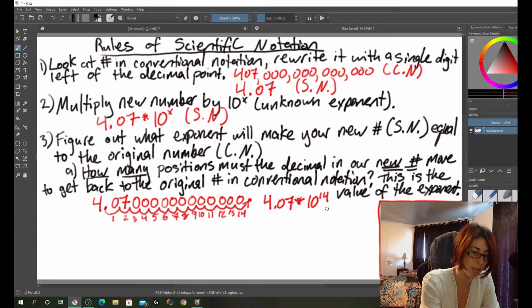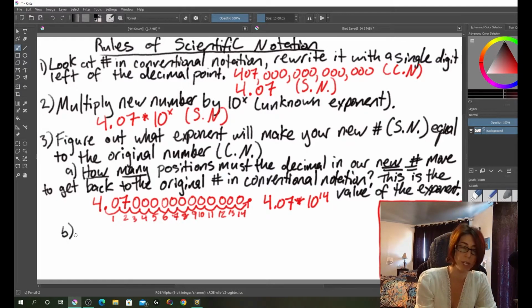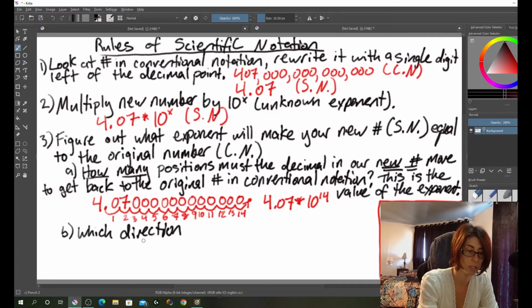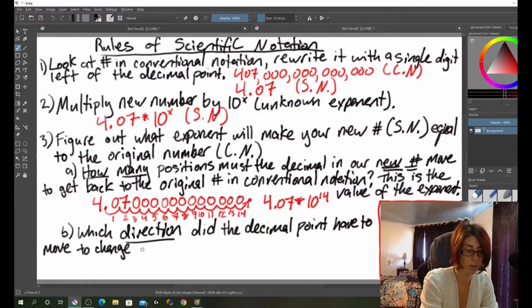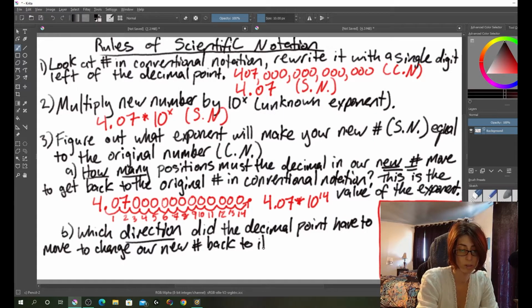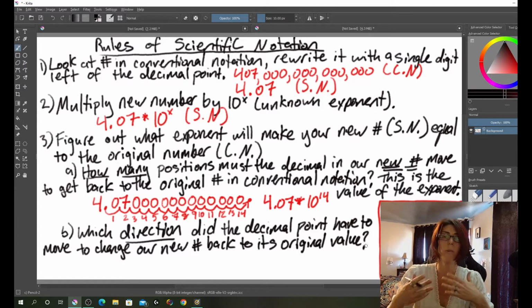Now there's one more thing that we have to check, and that is which direction did the decimal point have to move? We moved the decimal point to the right. That means the exponent is positive. But if we had to move the decimal point to the left, it would create a negative exponent.